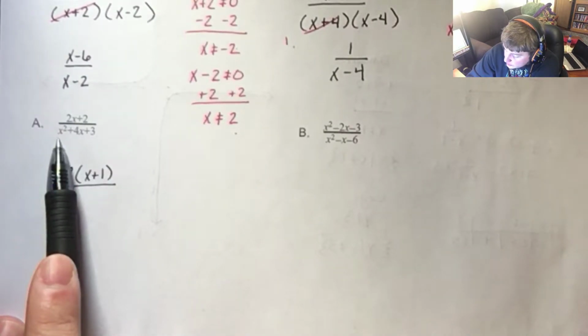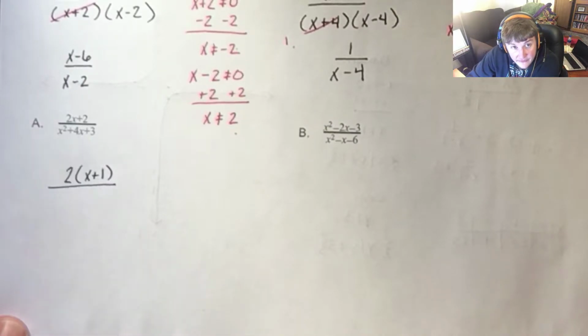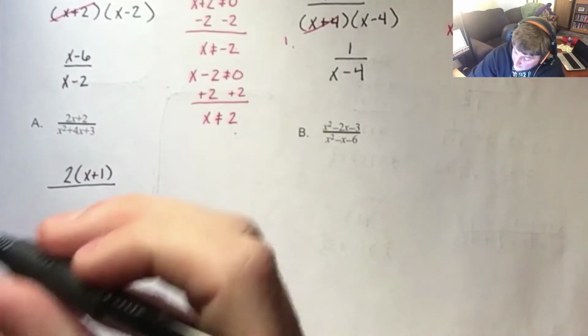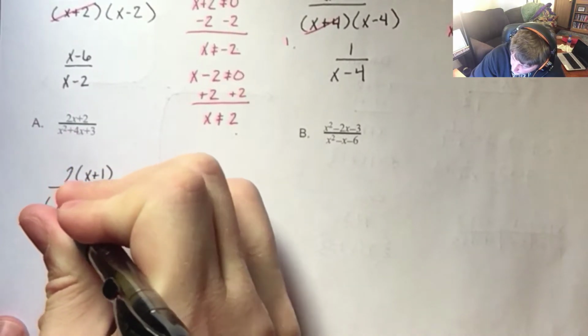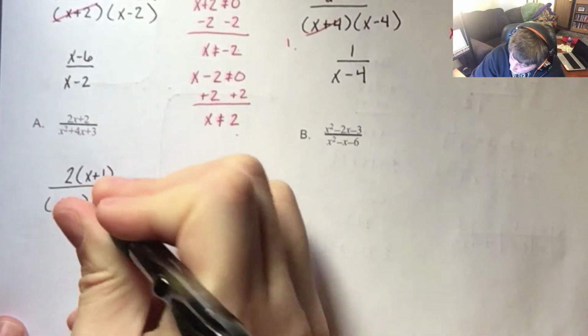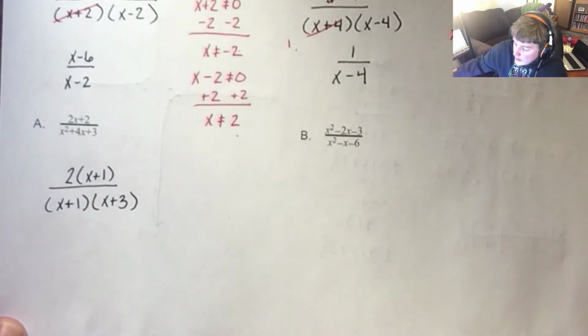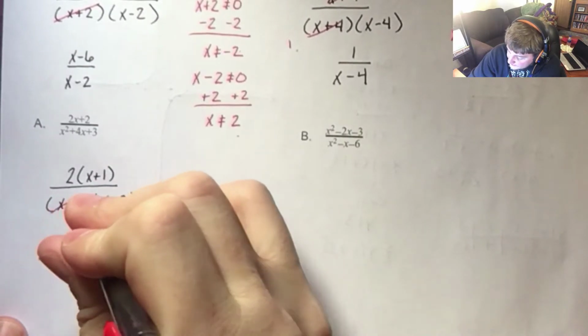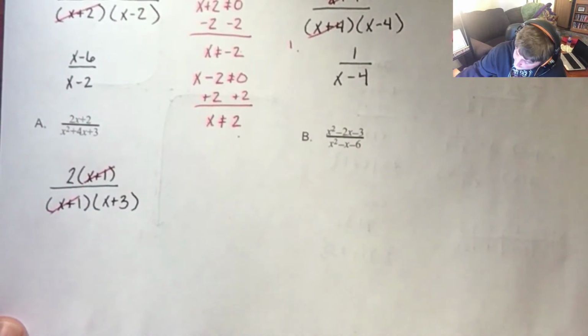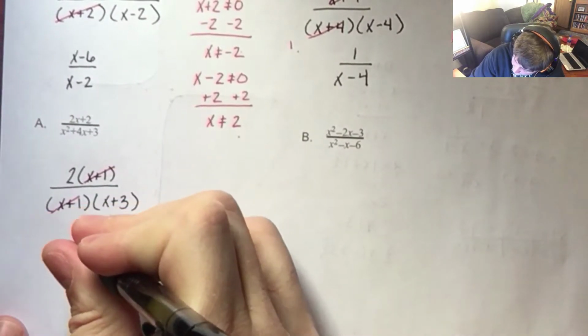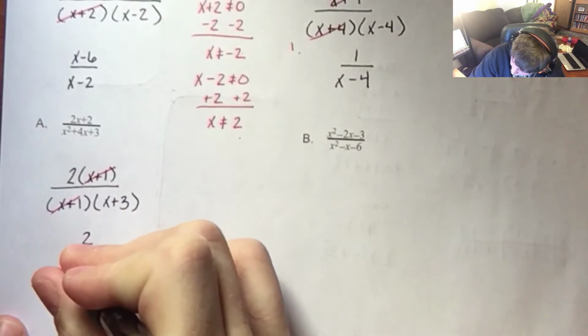A value is 1. We're looking for numbers that multiply to 3 and add to 4. Well, that's going to be 1 and 3. So we're going to have x plus 1 and also x plus 3. Okay, common factor of x plus 1. Those cancel out, and I'm left with 2 over x plus 3.